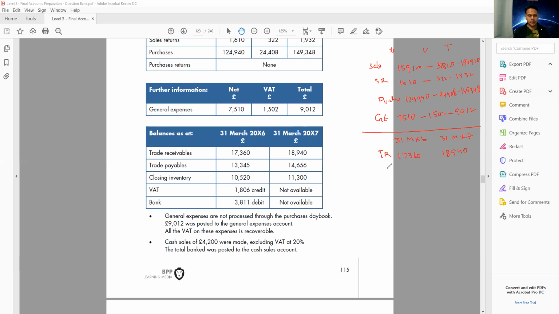Then trade payables 13,345, closing 14,656. Then you have inventory, that is 10,520, then 11,300.